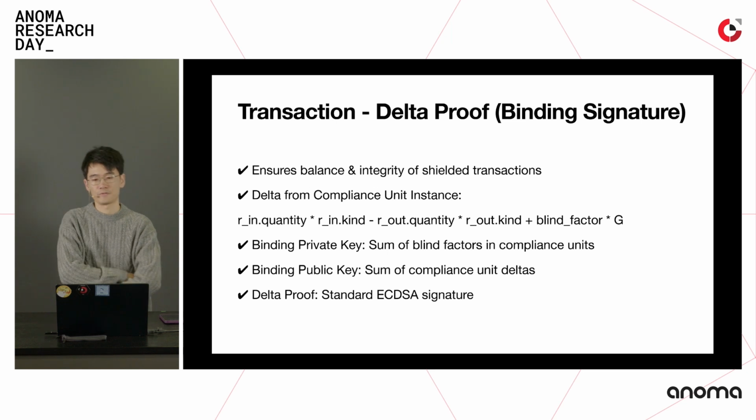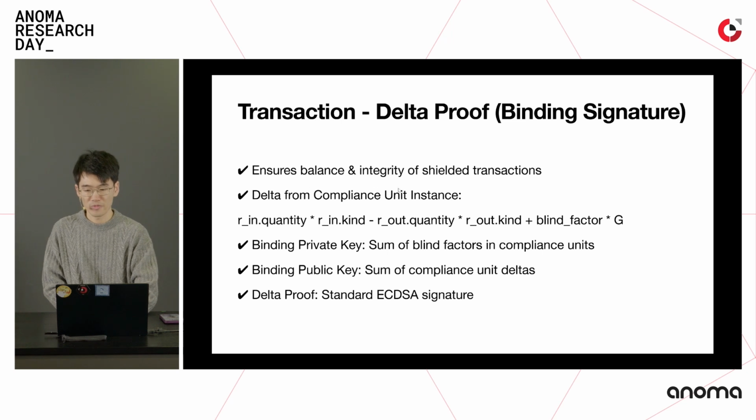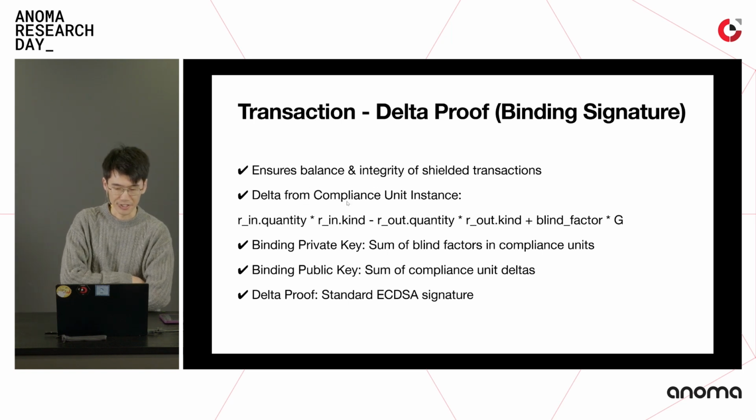If and only if it's a balanced transaction, we can generate a data proof, namely a binding signature. From this equation, we can find out if it is balanced, the sum of the compliance unit data, like this part, will be eliminated.